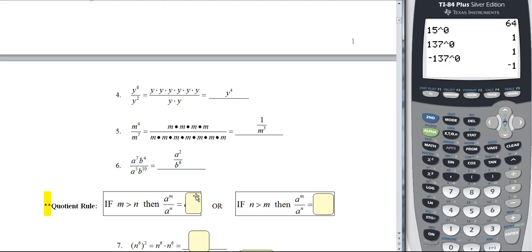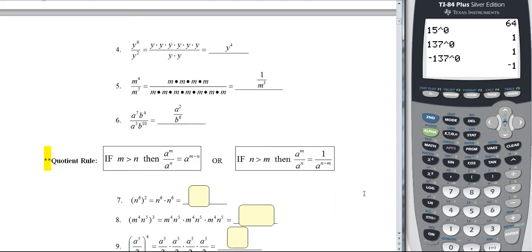You subtract going up. Or, if the exponent in the denominator is bigger, this is like number 5, then I would have a 1 in the numerator, and I would have a to the n minus m in the denominator. Actually, in number 6, I use both of these because the a's satisfied this one and the b's satisfied this one. So that's my quotient rule.